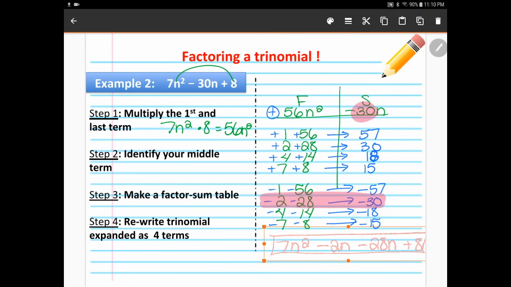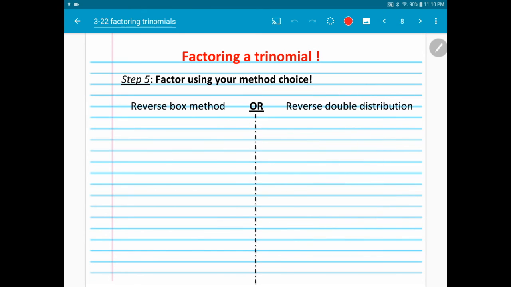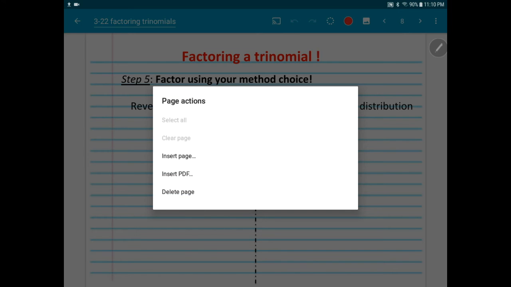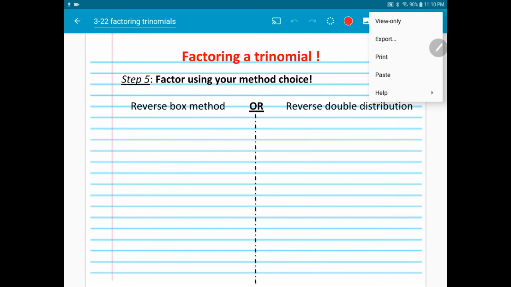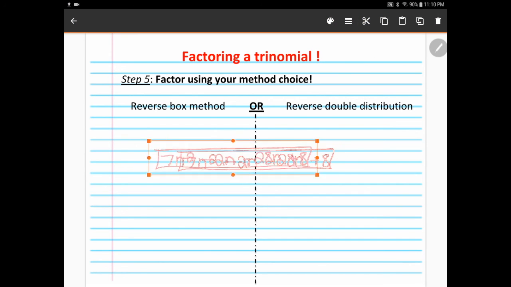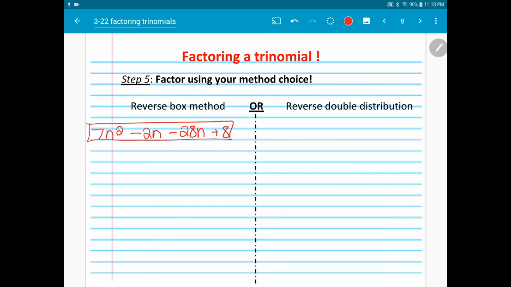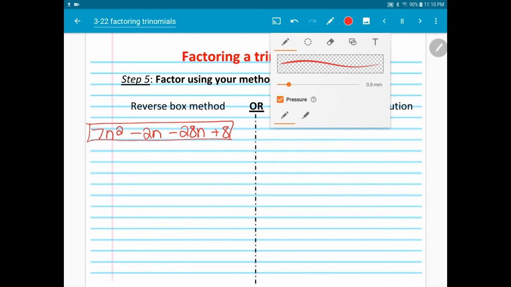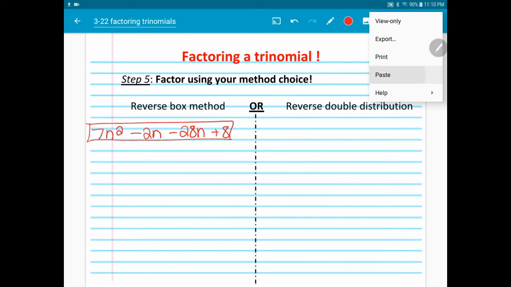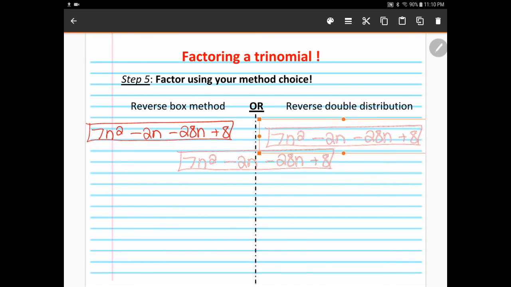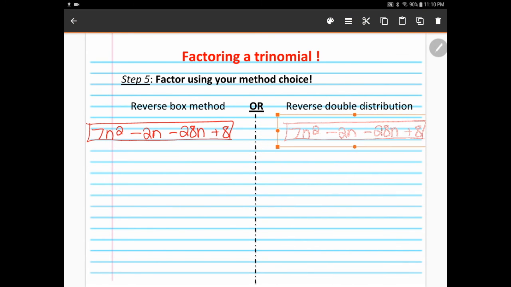See if I can remember how to cut and paste this. Nope. Yes, I got it. Okay, so here's our expanded form. Our next step of this process is going to be to take this expanded form and factor it into two binomials.